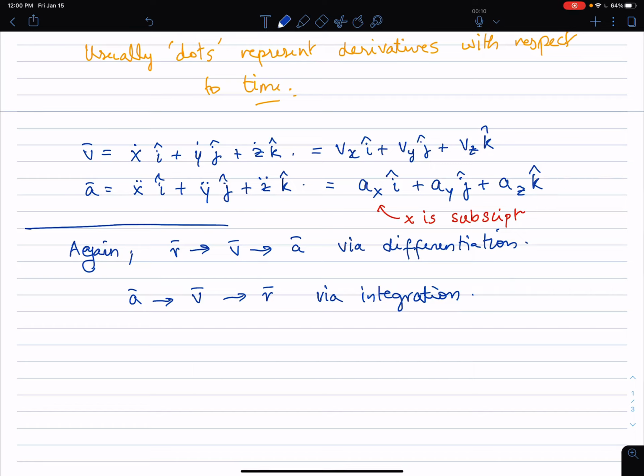And basically each of these terms, v x is x dot, v y is y dot, v z is z dot, right? So it's just notation. This is the velocity in the x direction, this is the velocity in the y direction, this is the velocity in the z direction. Similarly, this is the acceleration in the x direction. This is just notation, okay?